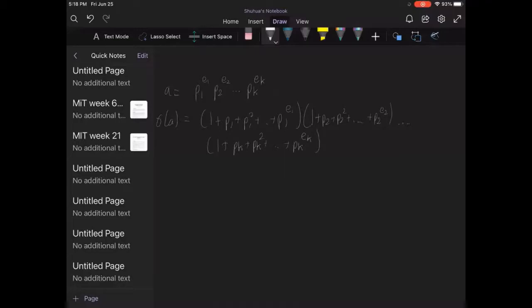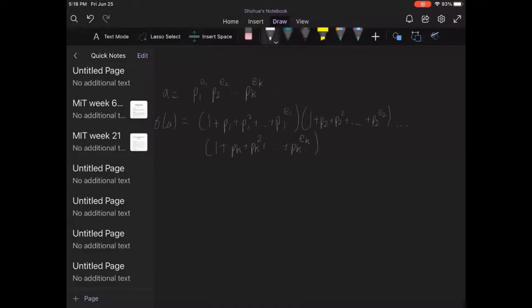The reason for this is that if you expand this out, it gives you all of the factors, since you choose one prime power of p1, one prime power of p2, and so on. And in particular, this will turn out pretty nice for this problem.